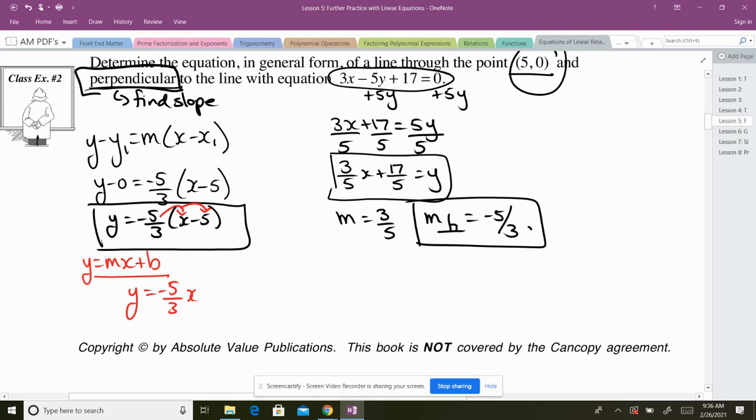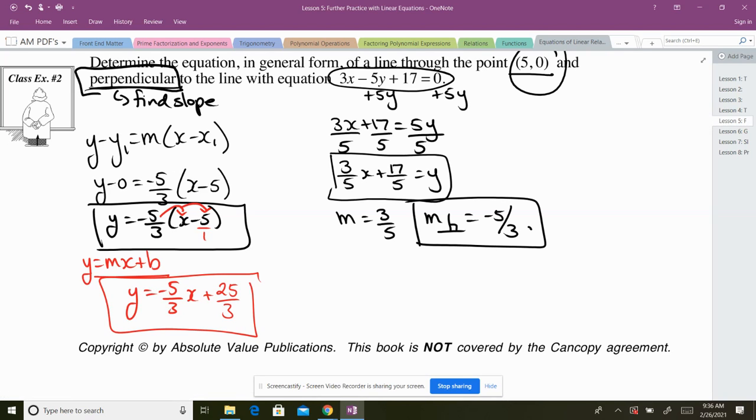What's negative 5 over 3 times negative 5? How do you multiply fractions? There you go. Because 5 is like 5 over 1. And when you multiply fractions, you multiply the tops and the bottoms. So that would give me positive 25 over 3, and you could just leave it like that. Okay?